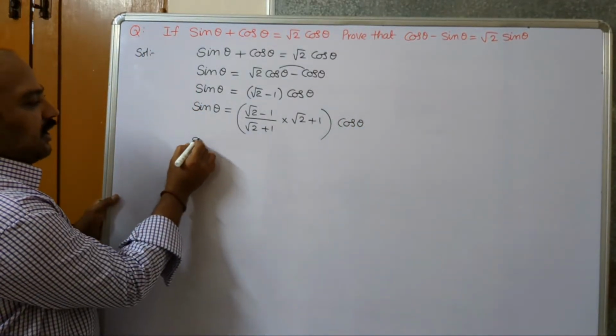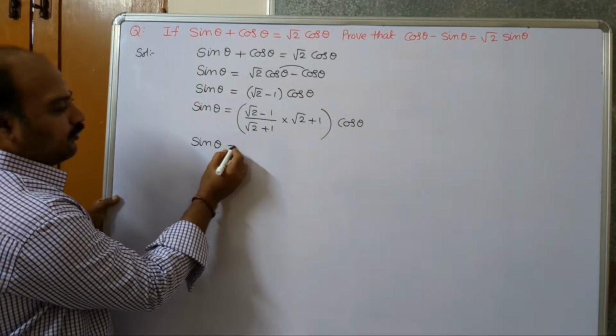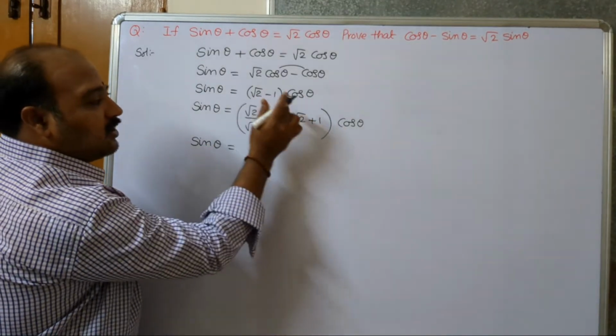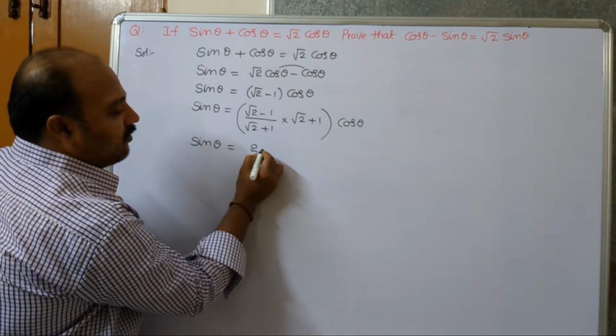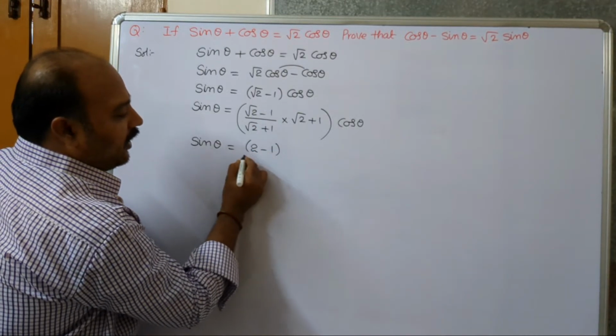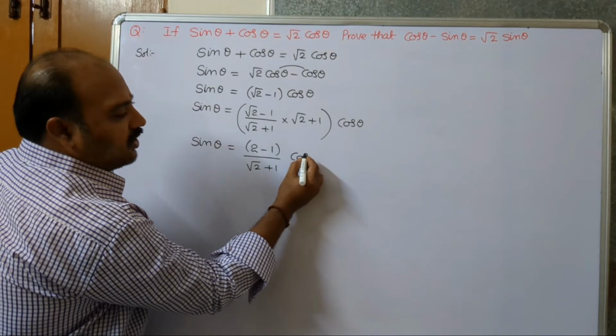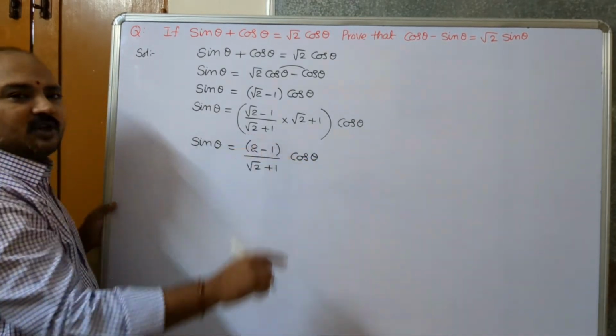In the denominator, (a plus b) into (a minus b) is a square minus b square, so (root 2) whole square minus 1 square, over (root 2 plus 1), into cos theta. So 2 minus 1 is 1.